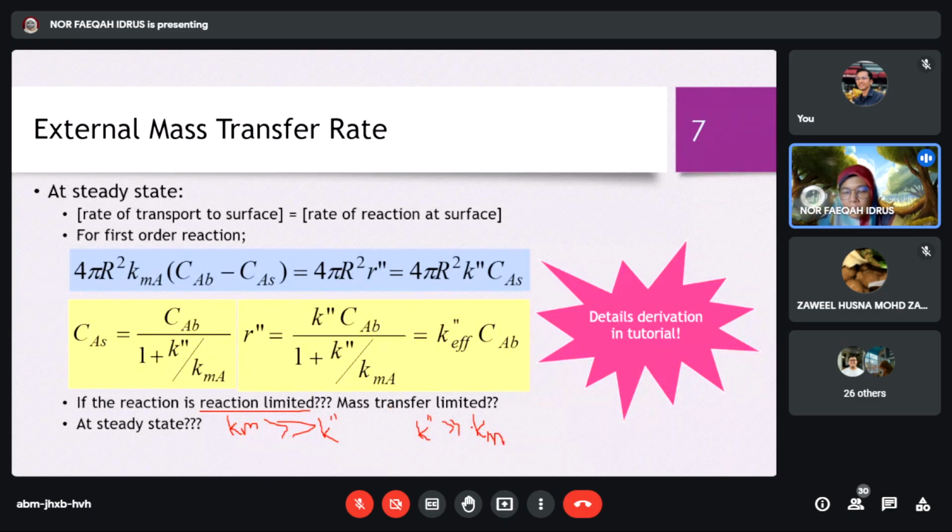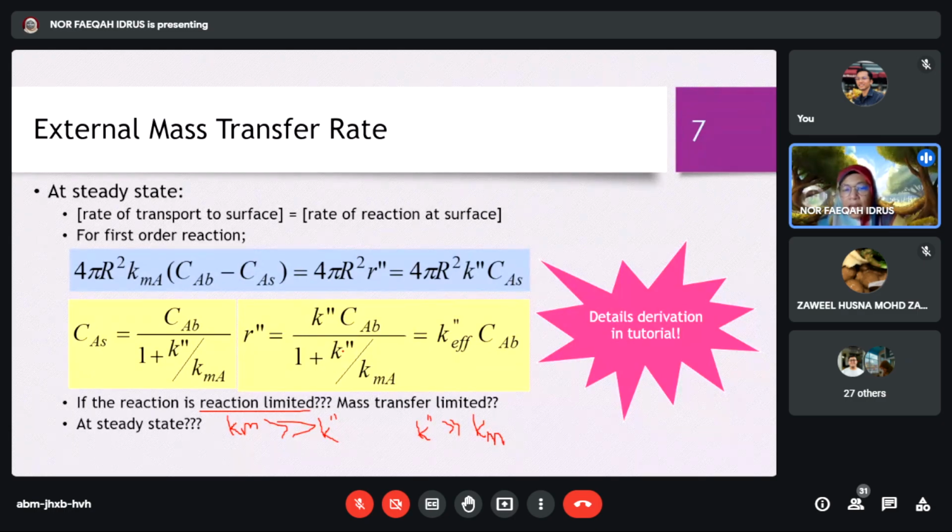So when mass transfer limited, what happens to the overall rate law equation? Before you solve the denominator, you need to rearrange, make it the original equation again. So when this happens, you bring KMA up, therefore the denominator becomes KMA plus K.